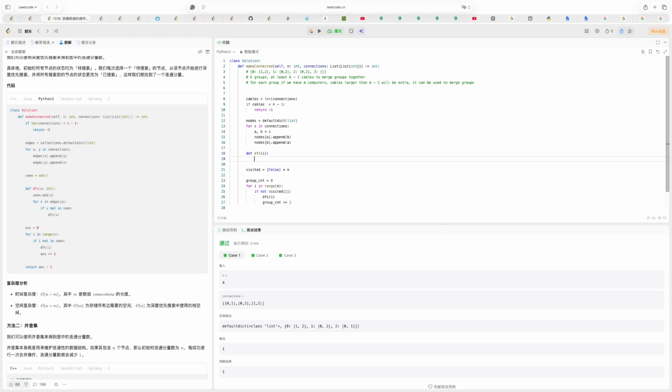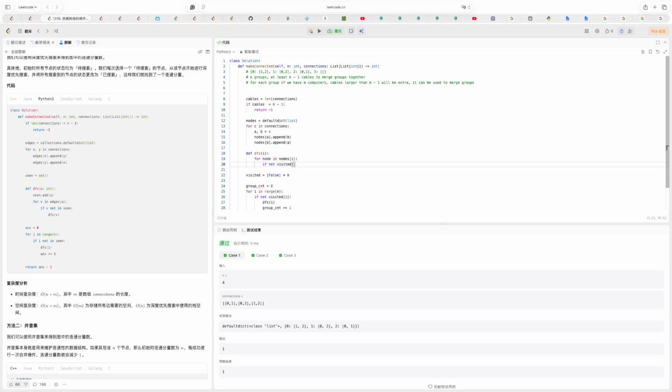So for node in nodes i, we should first check if it's visited or not.